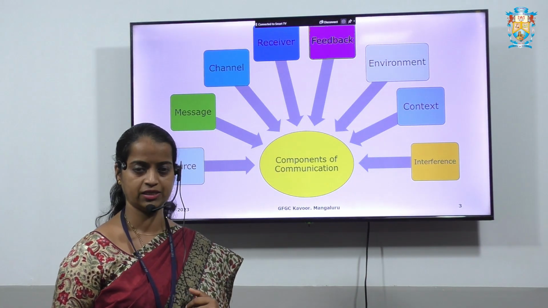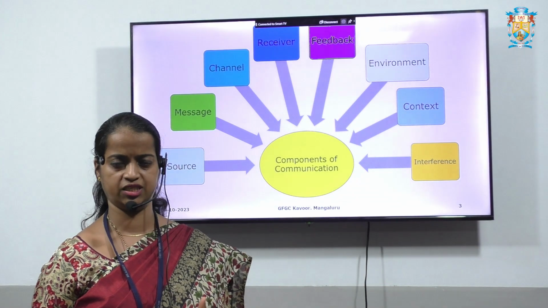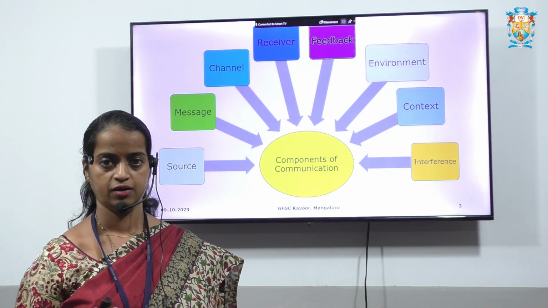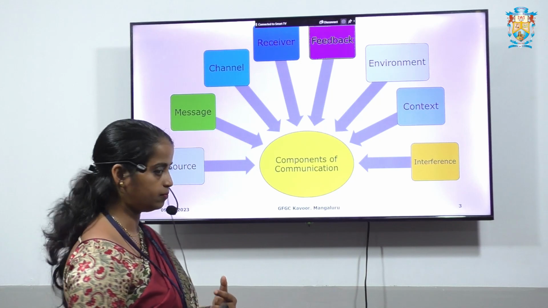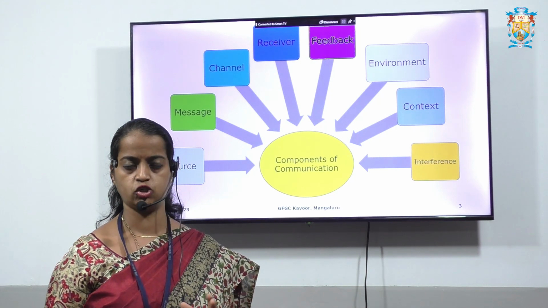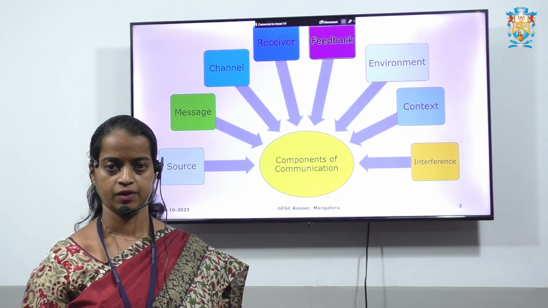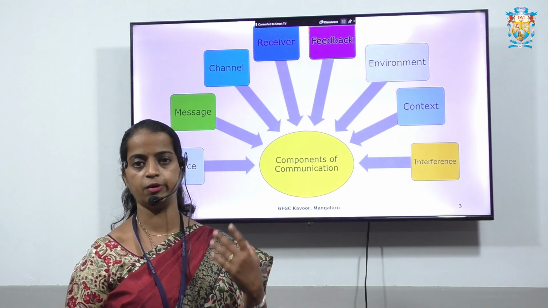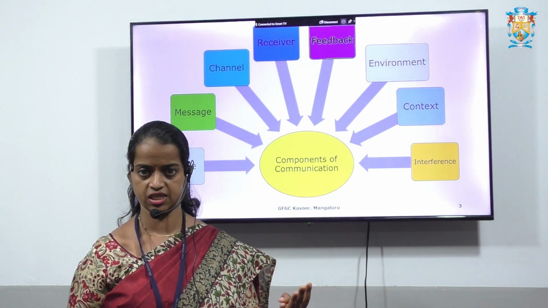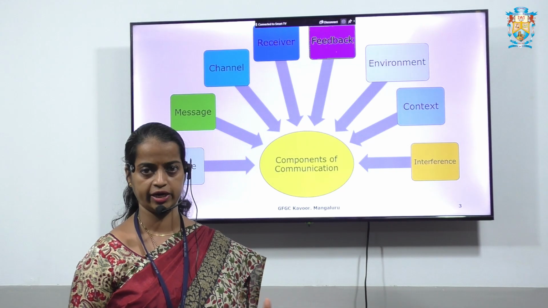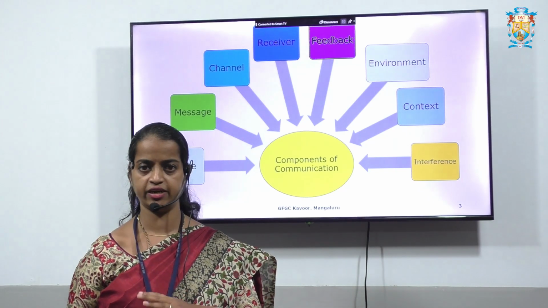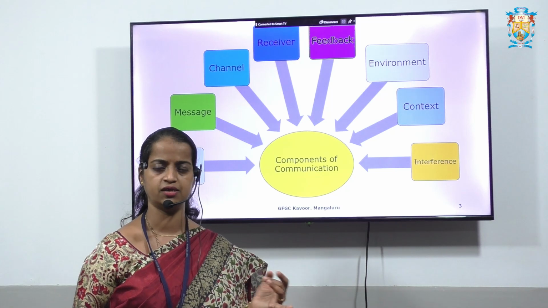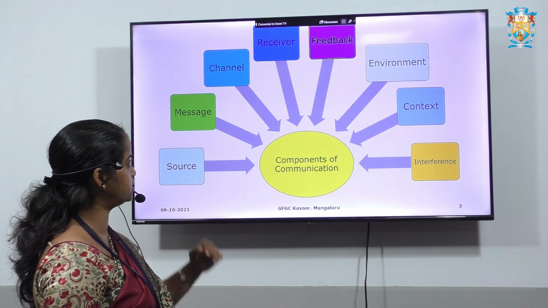Next should be the message. That information, whichever I have collected from the source, should be communicated in the form of a message. The message should go through the channel, that is from the sender to the middleman to the receiver, or maybe directly from the sender to the receiver. Altogether, from sender to the middleman or agent to the final person, the receiver, we call it the channel.